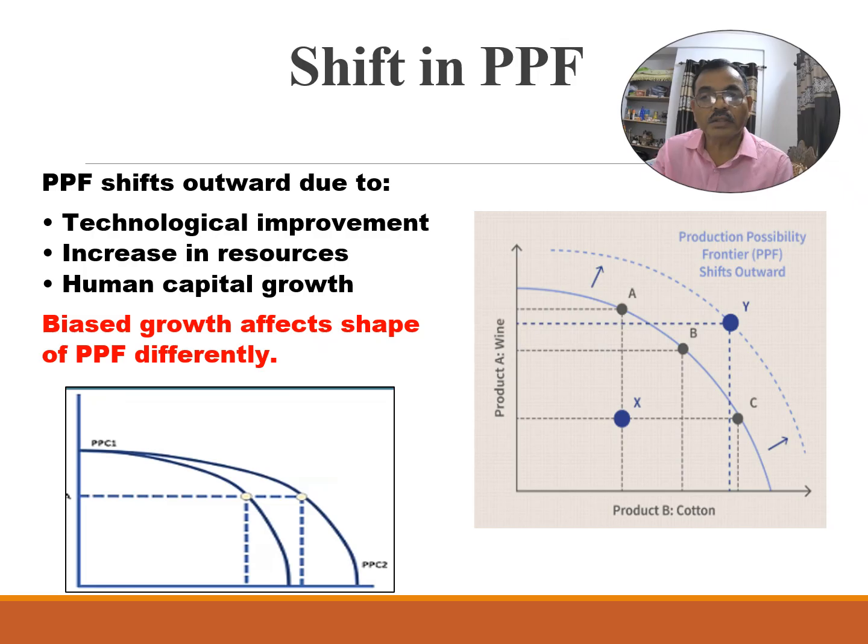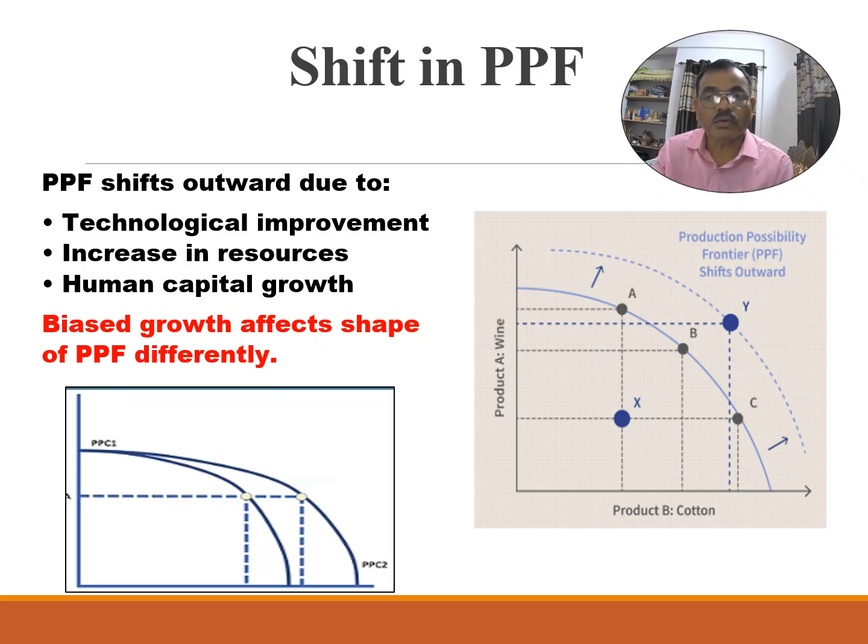But in reality, economies grow over time. When the production capacity of the economy increases, the PPF, that is production possibility frontier, shifts outward. There are several reasons why this happens.